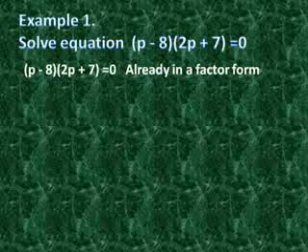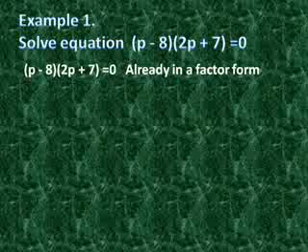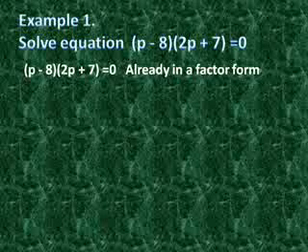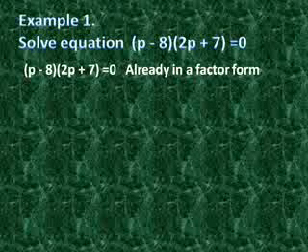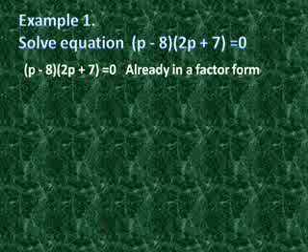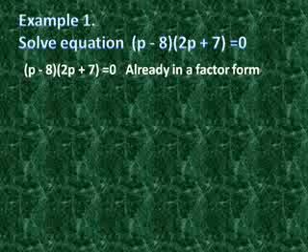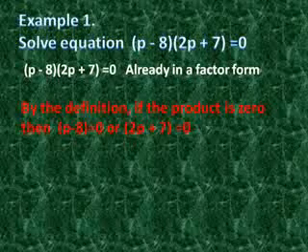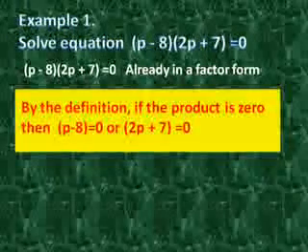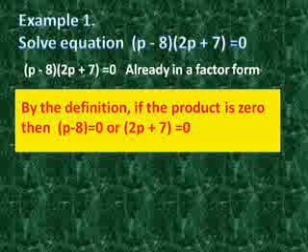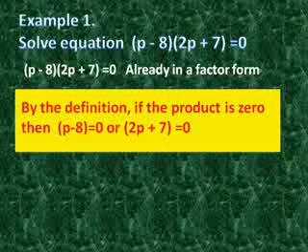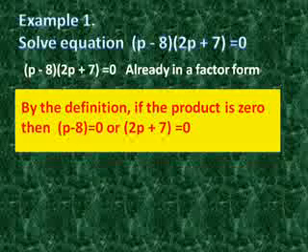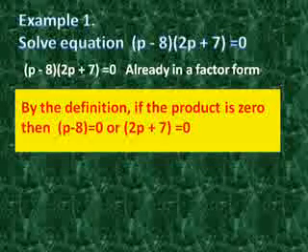Example number 1. Solve the equation p minus 8 times 2p plus 7 equals 0. As you see, it is already in factored form. By the definition, if the product is 0, then p minus 8 is 0, or 2p plus 7 is 0.